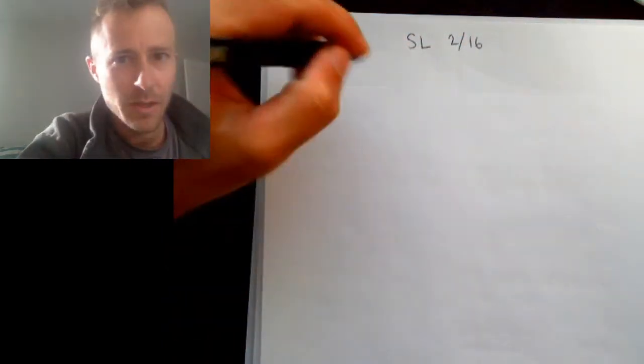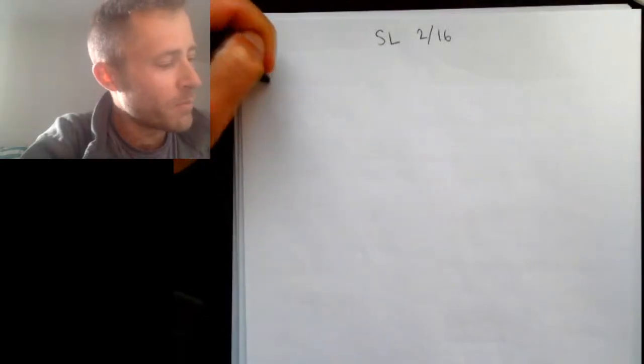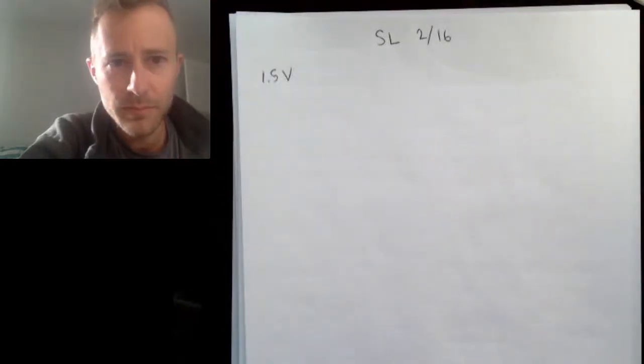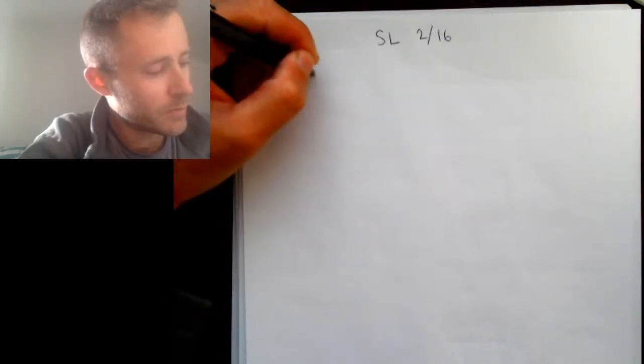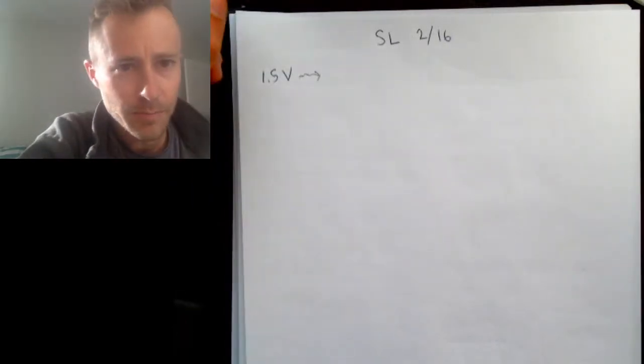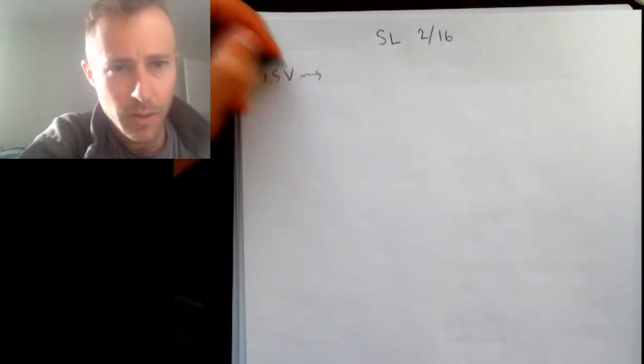Maybe my document camera can. Let's try that. Nope, too small. That number says 1.5 V. So what does this mean?